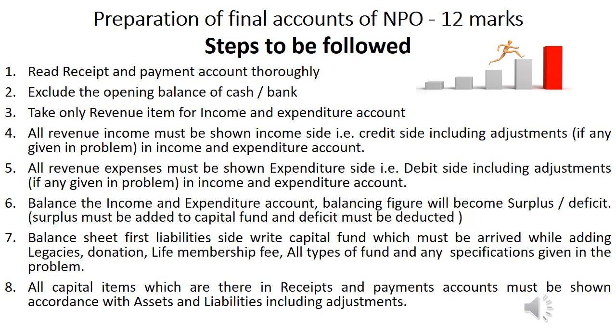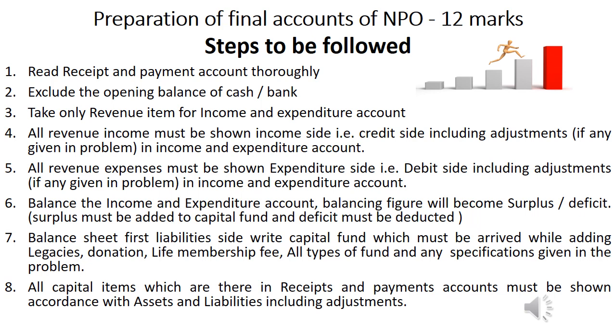The only thing is you have to recognize the revenue income and revenue expenditure, because in the receipts and payment account both the revenue items and the capital items are given to you. You have to choose only the revenue items and enter them in the income and expenditure account. All capital items must be shown in the balance sheet.